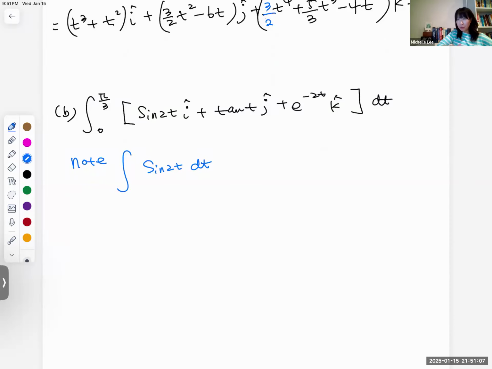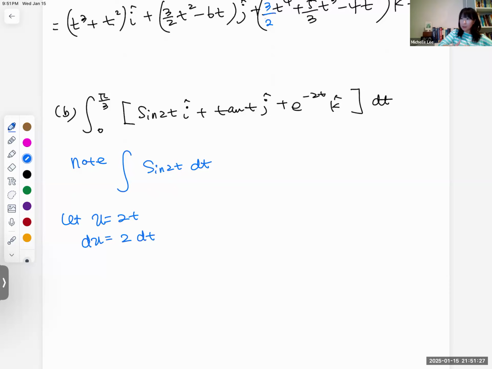Use substitution if you cannot think quickly, right? Let u equal, which one, sine or 2t? It's 2t. Then du is 2 dt.